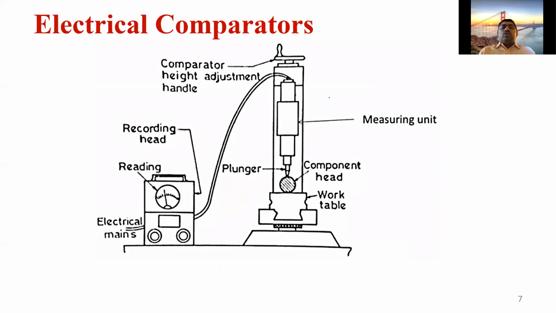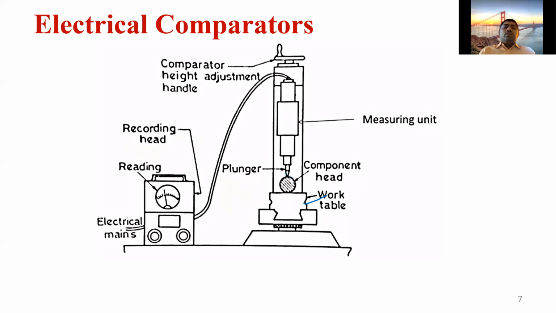So this is the actual figure. In this, the armature, coil windings, and the spring, and also the plunger, are placed inside the measuring unit. We have the work table.